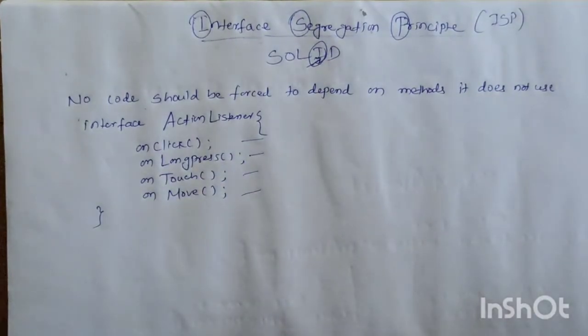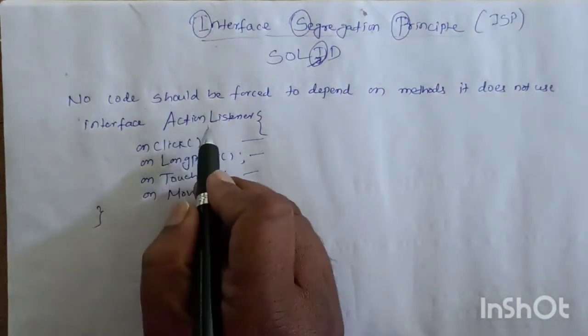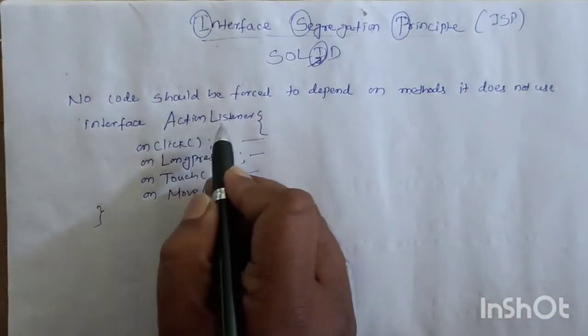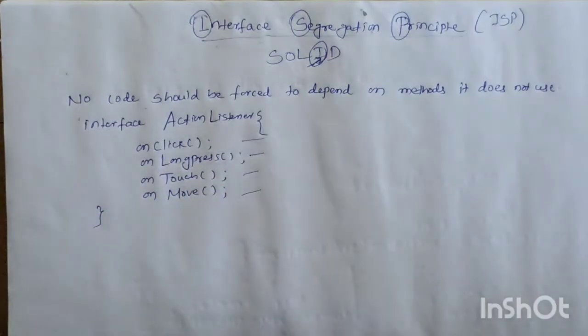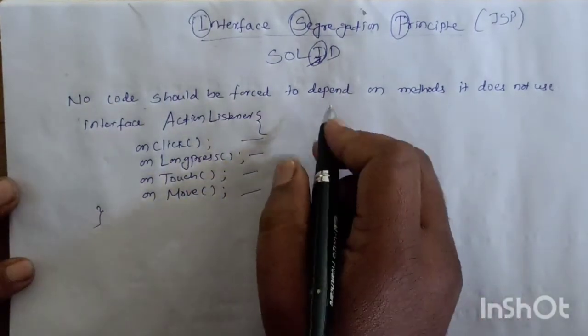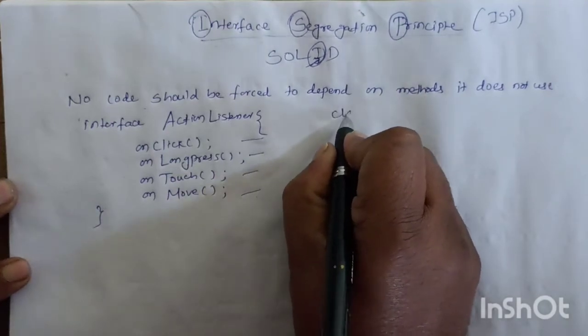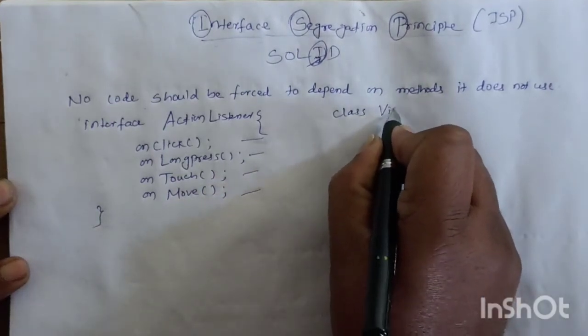Now in most scenarios, in a button or any view, let's say my requirement is to implement only the click event, the onClick method. But as it is of type ActionListener, in my implementation I need to write, let's say, the class ViewActionListener.